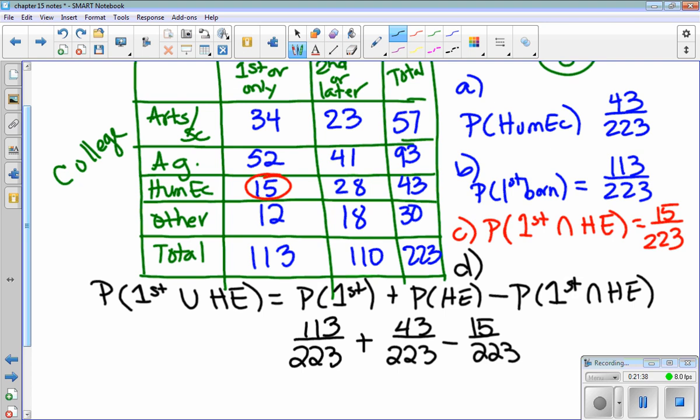Look at all that work, Jordan, that you need to do to answer this question. Wow. I did it on my calculator. So did I. So how do I answer the question? What's 113 plus 43 minus 15?